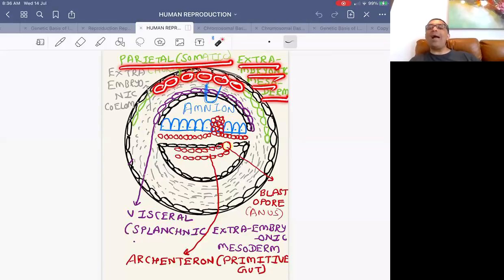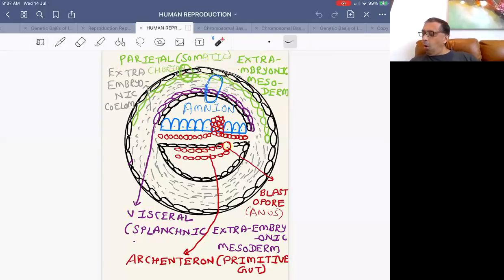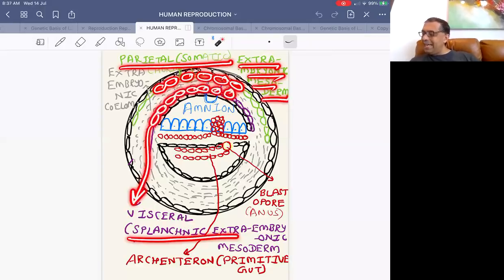Parietal or somatic extra embryonic mesoderm. और नीचे वाली जो लेयर बनती है is called as the visceral or splanchnic extra embryonic mesoderm. The visceral or the splanchnic extra embryonic mesoderm.